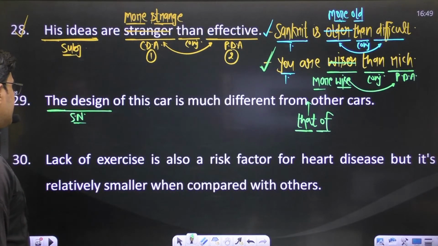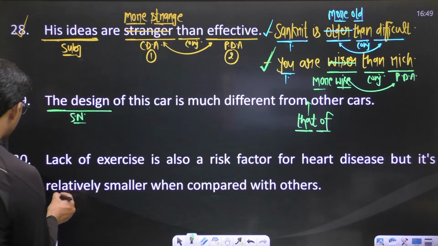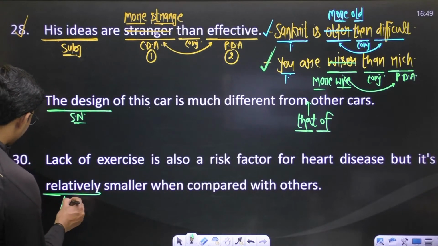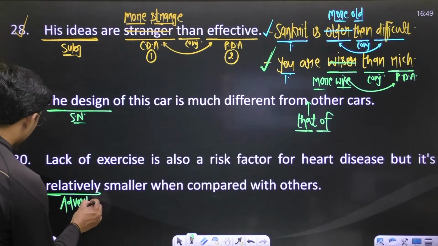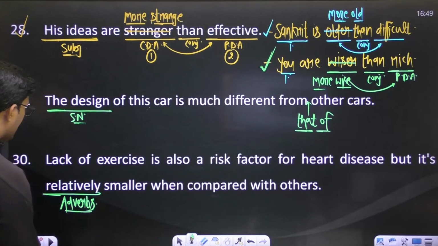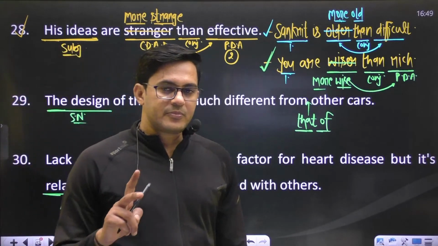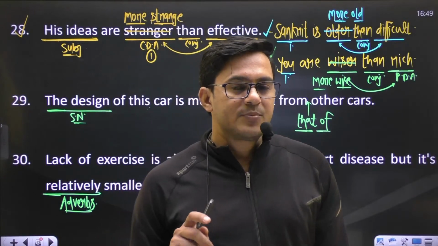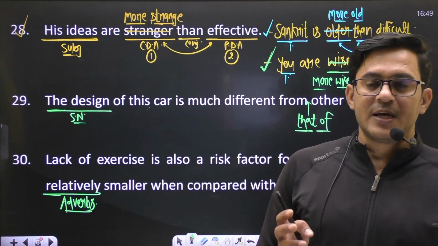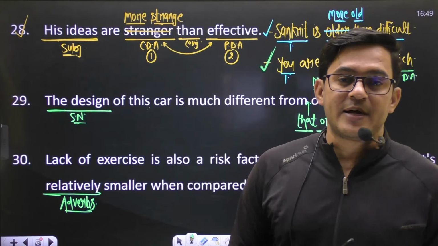Okay. Next sentence, lack of exercise is also a risk factor for heart disease, but it's relatively smaller. Make sure we have two different adverbs. Adverbs are like relatively or comparatively. These are the adverbs of comparative degree.